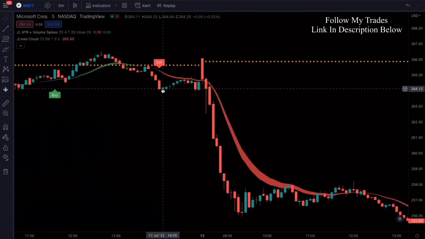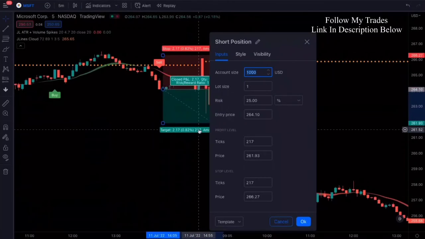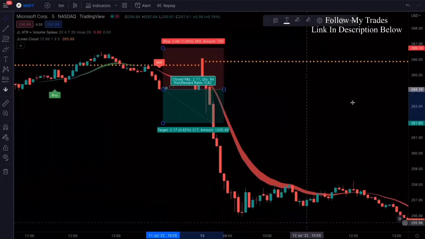You'd get in on this candle, short position right here. I'd put a 1% stop loss on this. So if we got in at 254.10, right? The stop loss would be placed at 266.74. Right there. Okay.